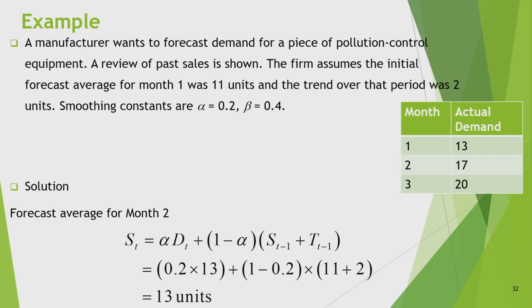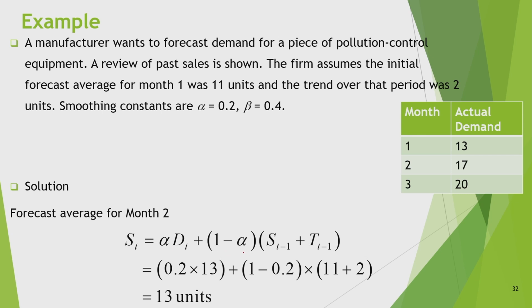A review of past sales is done. The firm assumes the initial forecast average for month 1 was 11 units and the trend over that period was 2 units. So, smoothing constants are alpha equal to 0.2, beta equal to 0.4. Then the forecast average for month 2 is how much?